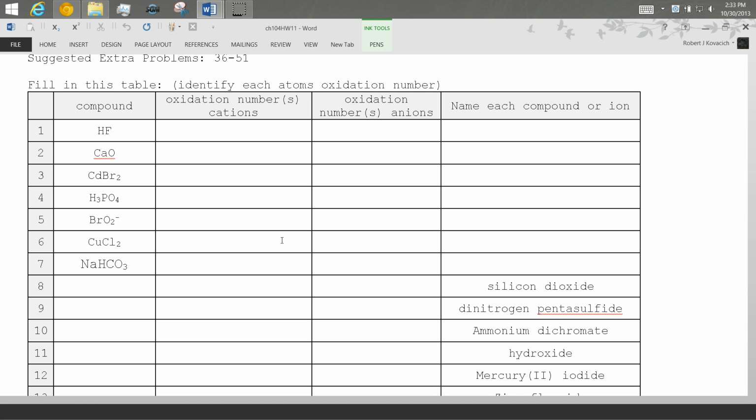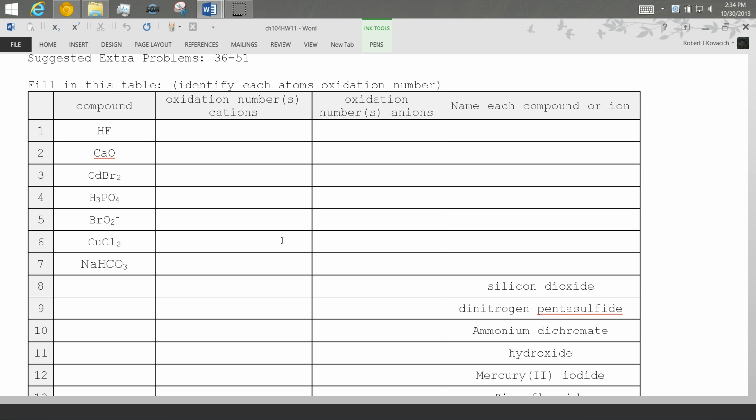Is the cation. Okay. Because it's in column 1? No. This is a binary compound. We okay with me saying that? Two things in it. Which one is negative?